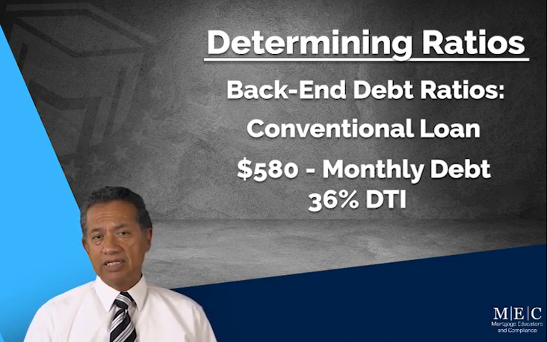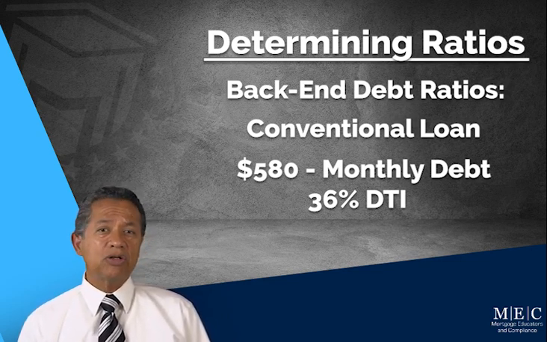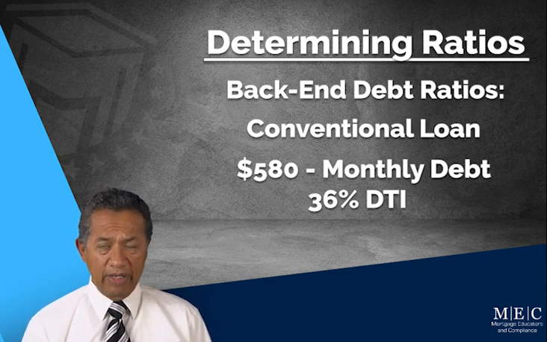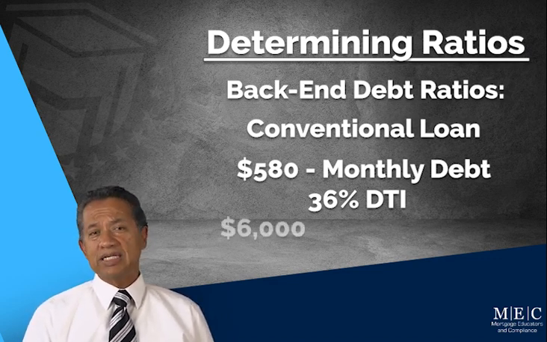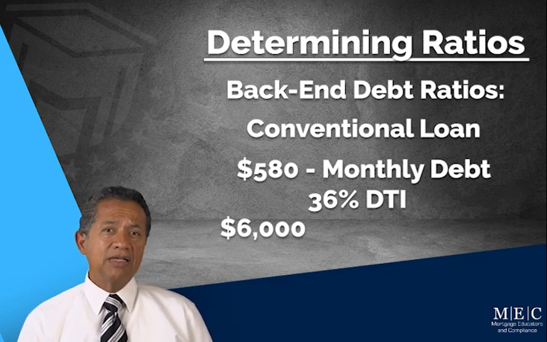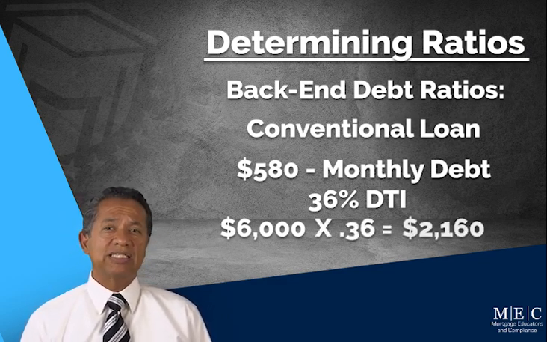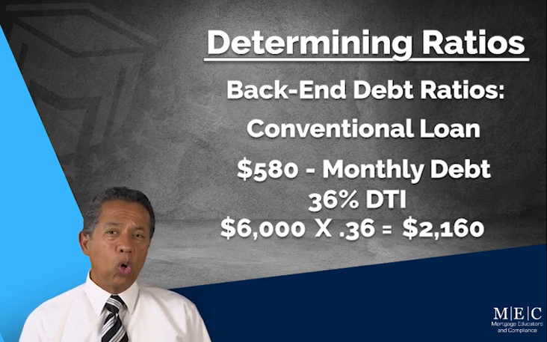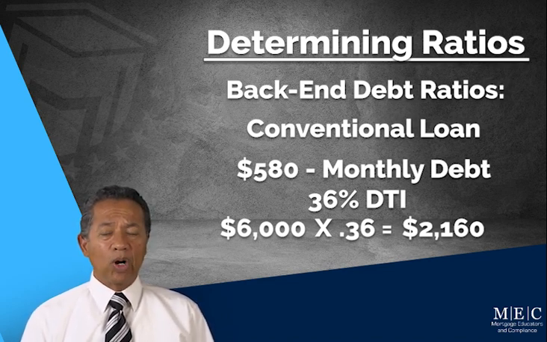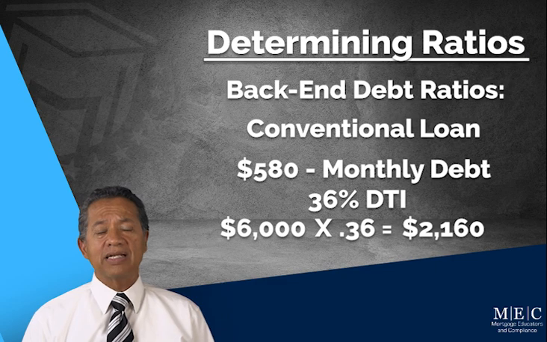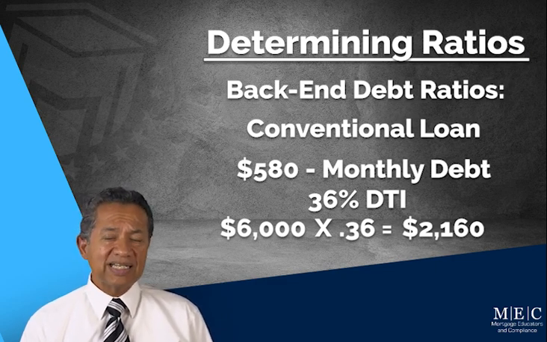Now remember, this monthly debt also would include the borrower's house payment. So if we use the same $6,000 again, times 36%, we have a total number of $2,160. That's our total DTI. The borrower's total debts cannot exceed $2,160.